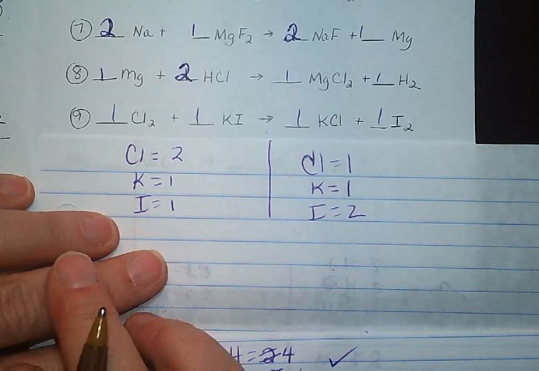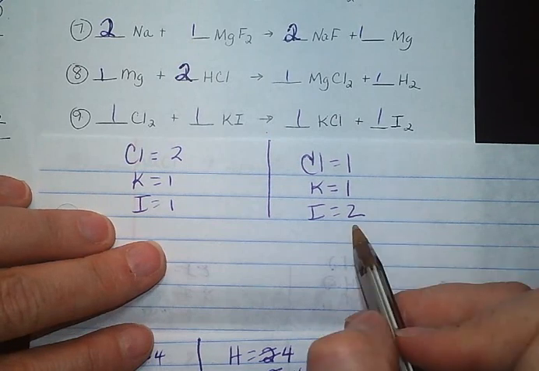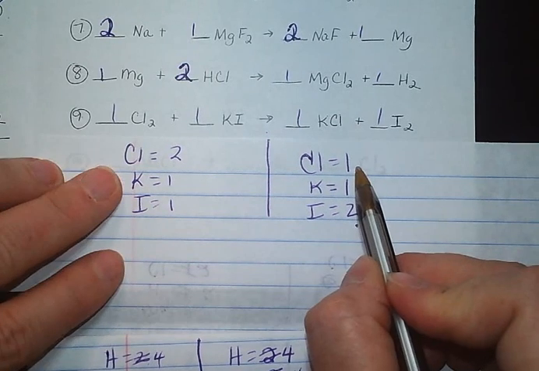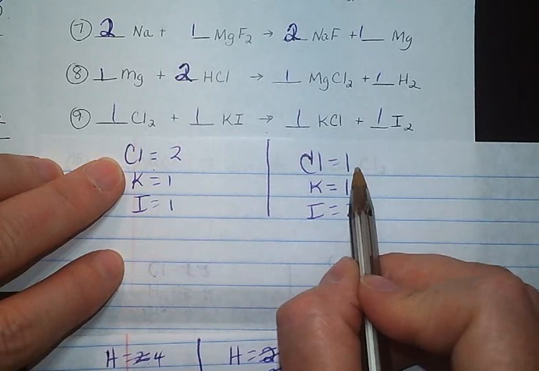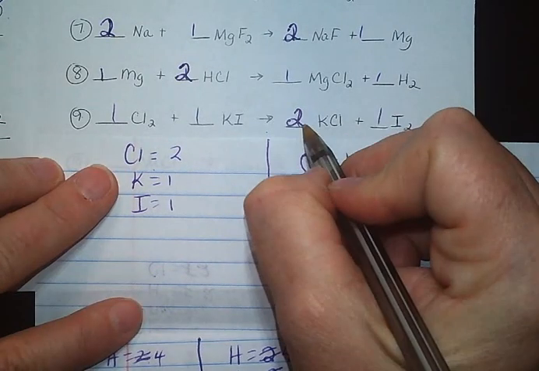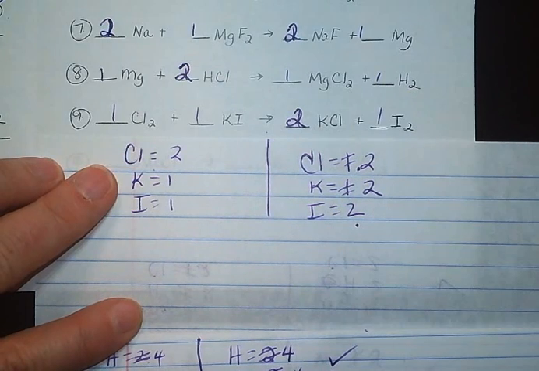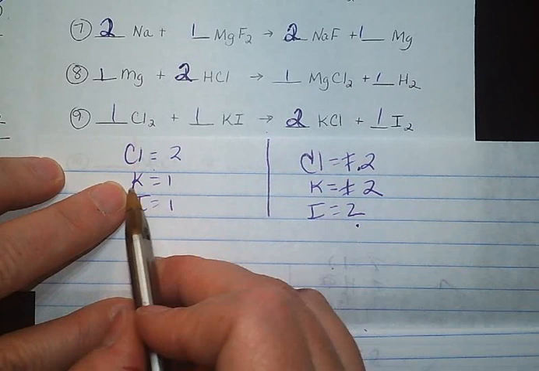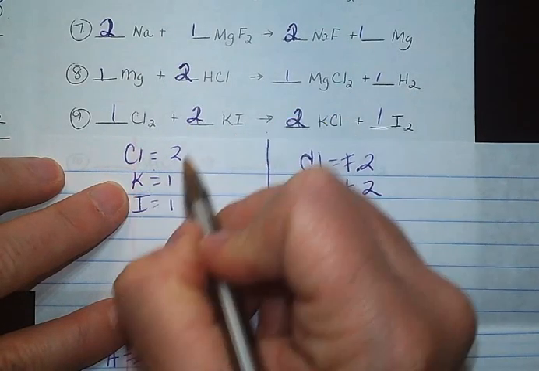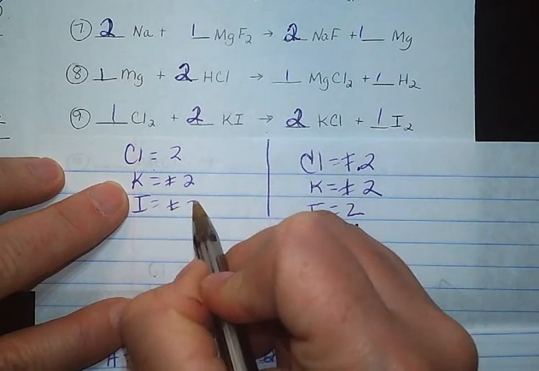So I have to come over here and make, or I can come over here, doesn't matter, whichever one. I need 2 chlorines, so if I change this chlorine to 2, that becomes 2, and my potassium becomes 2, because they're attached. So then I need a 2 here to make my potassium 2 and my iodine 2, and then I'm balanced.